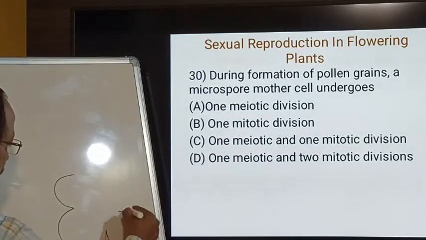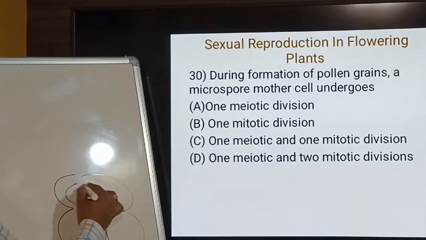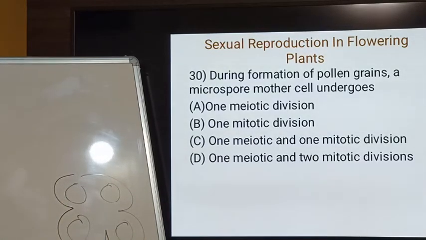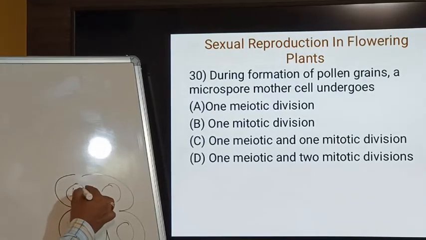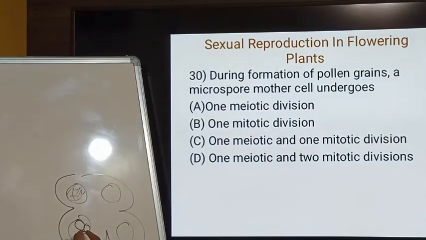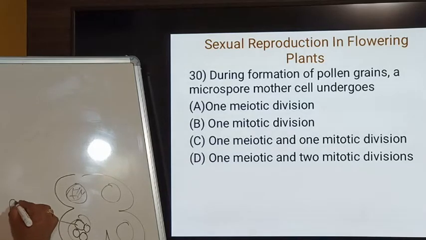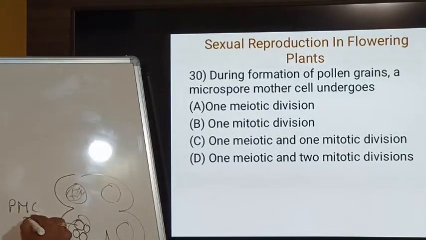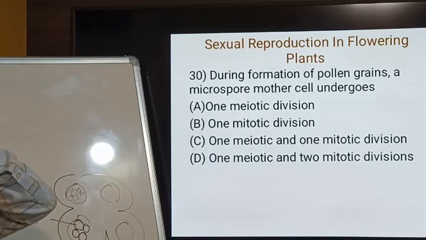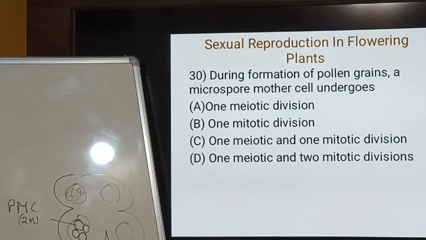When we take a TS of anther, there are 4 microsporangia, 2 in each anther lobe, that are filled with a dense tissue called sporogenous tissue. As the anther matures, each of those sporogenous tissues develops into a pollen mother cell, which is diploid.